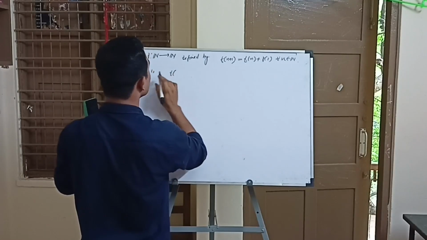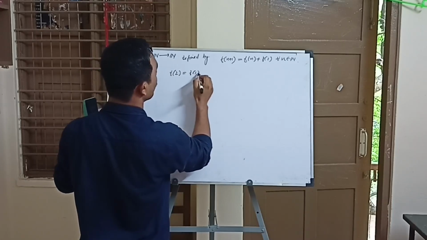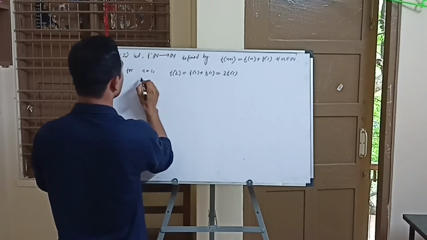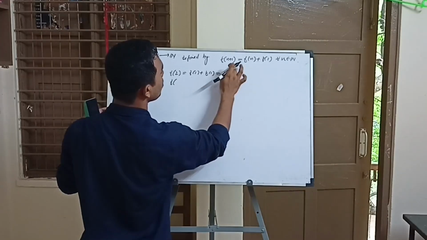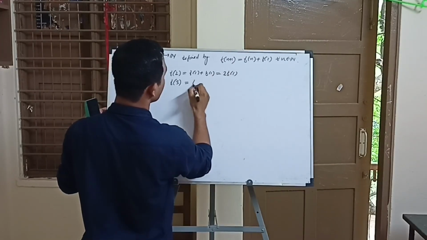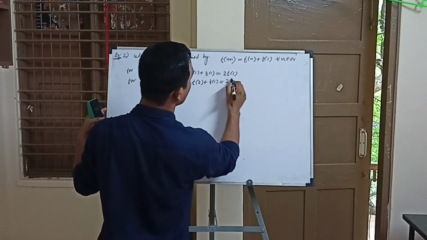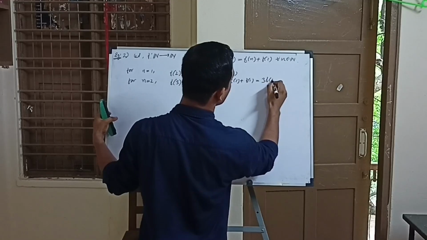If we put n equal to 1, f of 2 equals what? f of 1 plus f of 1, which is 2 f of 1. Correct? For n equal to 2, 2 plus 1 is 3, f of 3 equals f of 2 plus f of 1. f of 2 is 2 f of 1, plus f of 1 is 3 f of 1.